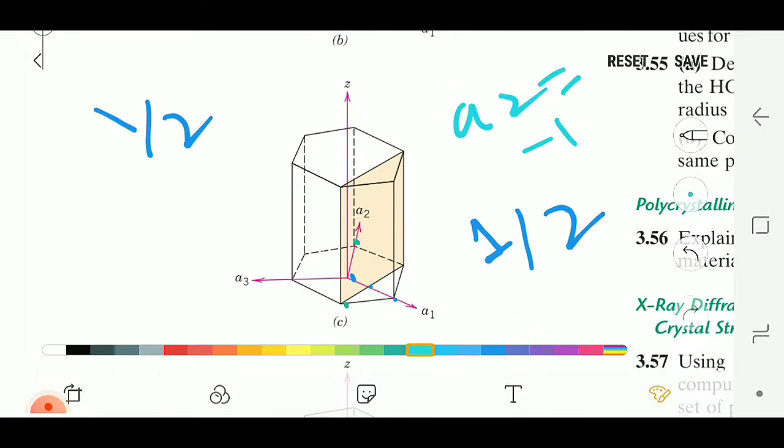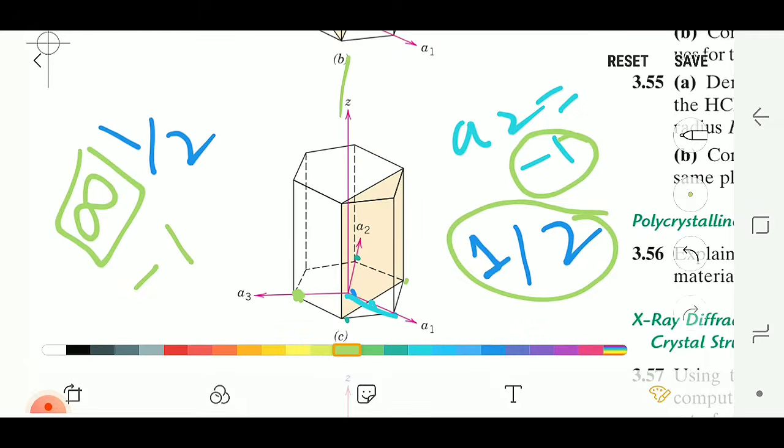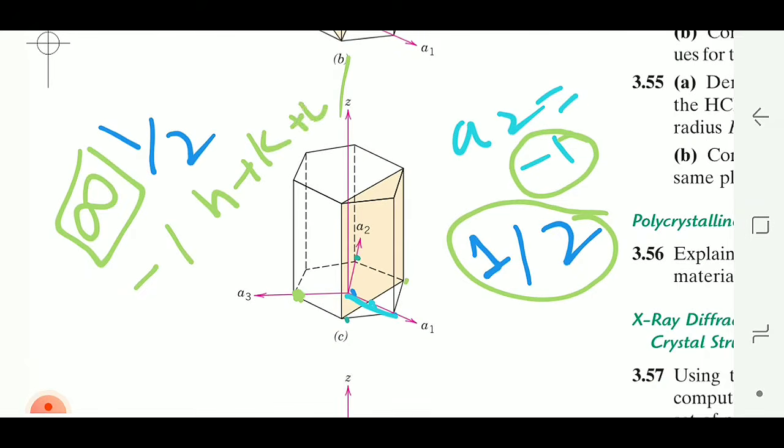Some students get confused whether it is 1 by 2, 1 by 3, or something like that. If you are totally confused and cannot make an idea, although it is quite clear here that it is cutting at the center point, even in a case when you don't know whether it is 1 by 2, 1 by 3, 1 by 6, or 1 by 8, you can determine it by using the equation h plus k plus i equals 0.